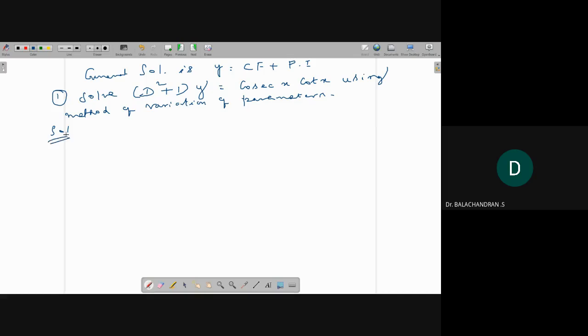So first you should write the auxiliary equation. The auxiliary equation is m square plus 1 equal to 0. So m square equal to minus 1, which implies m equal to plus or minus i. So then the complementary function is C1 into cos x plus C2 into sin x.